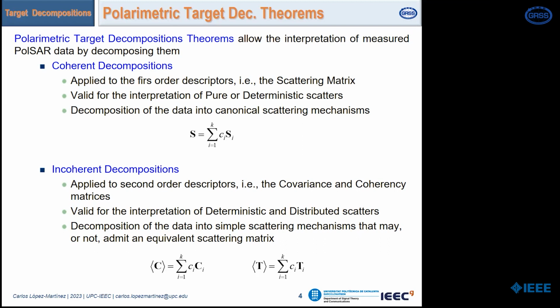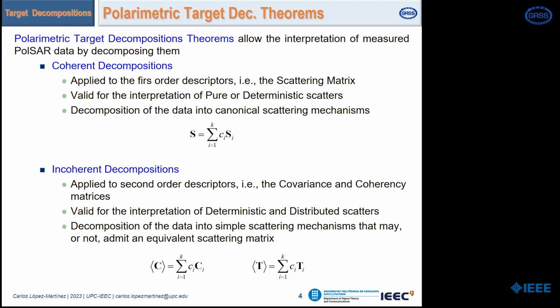It is divide and conquer. If I don't know how to interpret the real scattering matrix because the target is very complex, let's divide it into an addition of simple scattering mechanisms which I can interpret easily.